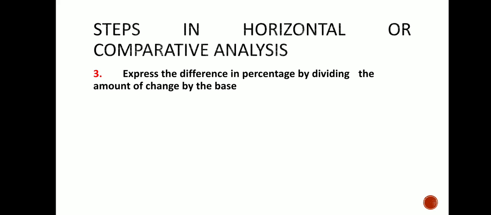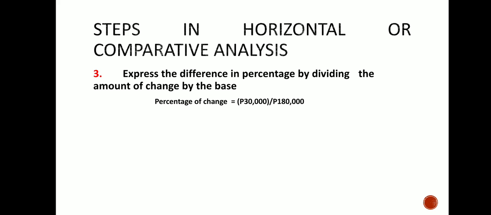Since we have already determined the absolute amount of change, which is the 30,000 decrease, the next thing that we're going to do is to get the percentage change in cash and cash equivalents. So we're going to determine it by dividing the 30,000 decrease by the base amount, which is 180,000. Again, the 180,000 is our cash and cash equivalents in the year 2016.